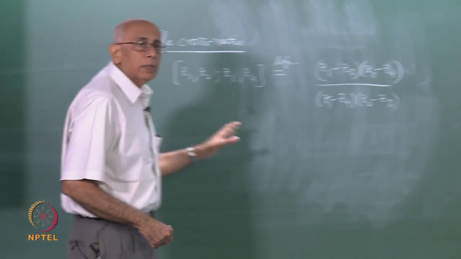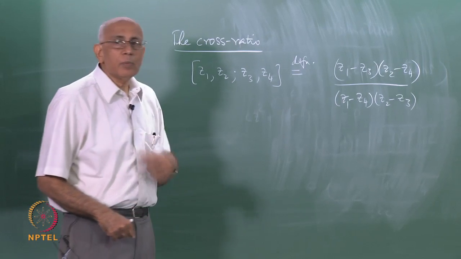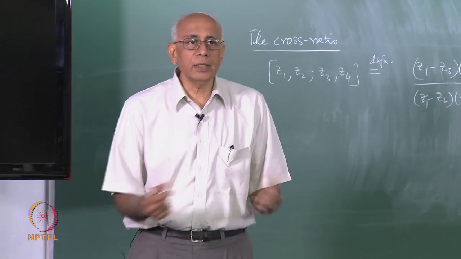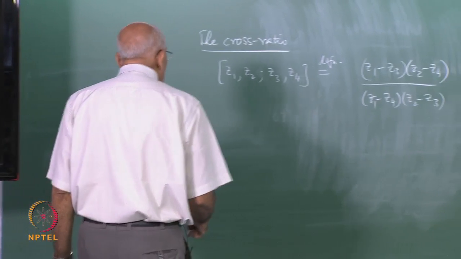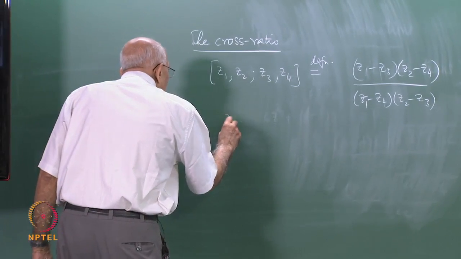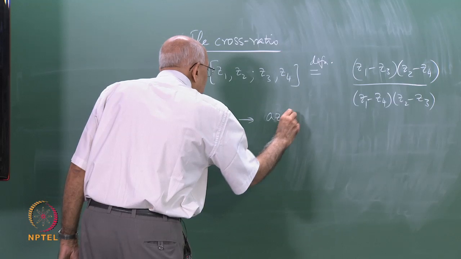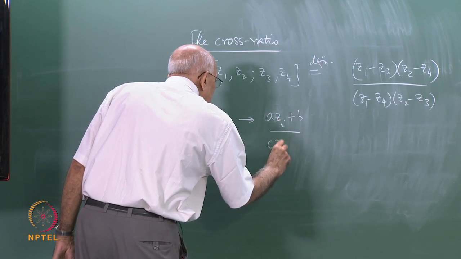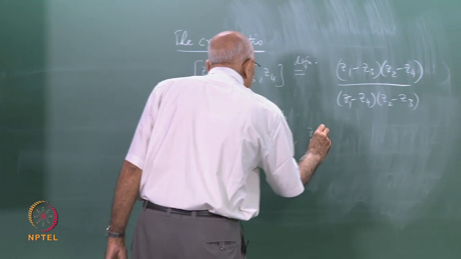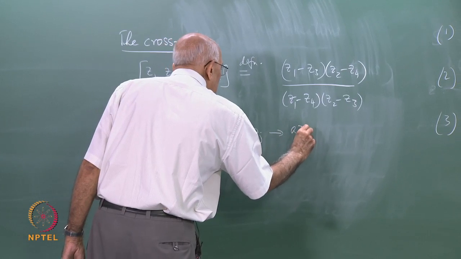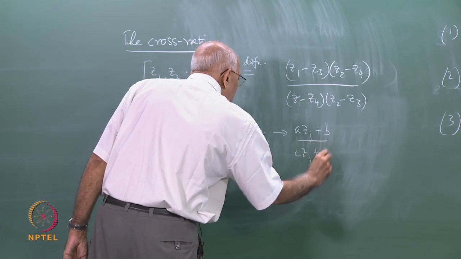So now the important thing about the cross ratio is the following. Under a Möbius transformation this ratio does not change at all. So it remains invariant, and that is not hard to see, because suppose Zi goes to (A Zi plus B) over (C Zi plus D), and Zj goes to (A Zj plus B) over (C Zj plus D).